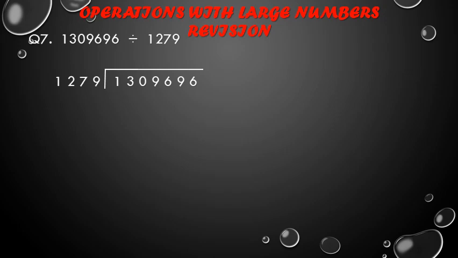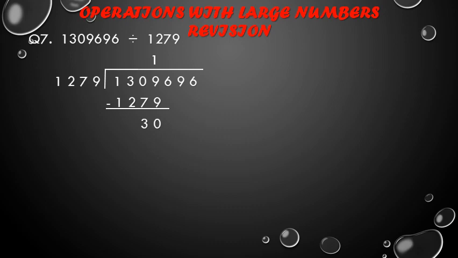Since there are 4 digits in the divisor, first we will take 4 digits in the dividend, and the number formed by the 4 digits is 3009. So yes, we can divide 3009 by 1279.